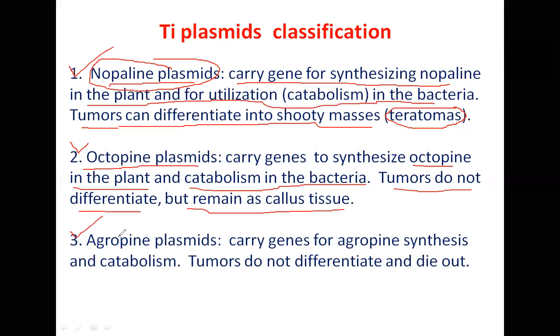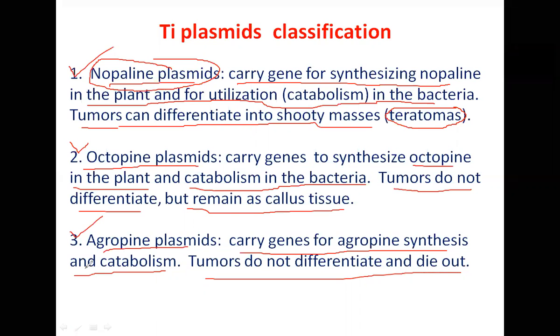Third category is agropine plasmid. Okay, so it's clear again that they carry genes for agropine synthesis in the plant cell and its catabolism in the bacteria. And characteristically here, tumors do not differentiate and they die out. Here, tumors will not differentiate into shooty masses.